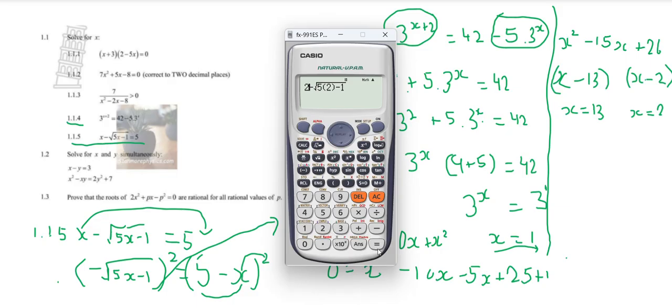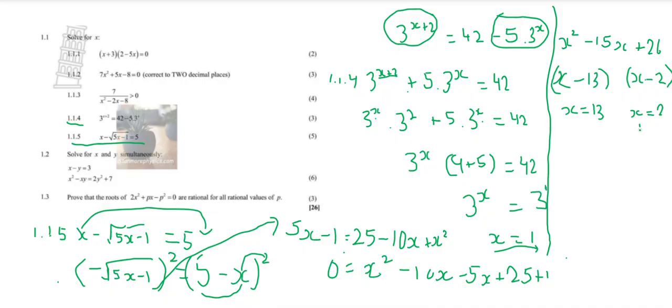You can see the 2 is giving us negative 1. So when it gives us negative 1, all you have to do is say NA, not applicable. And then this one here, you just underline.